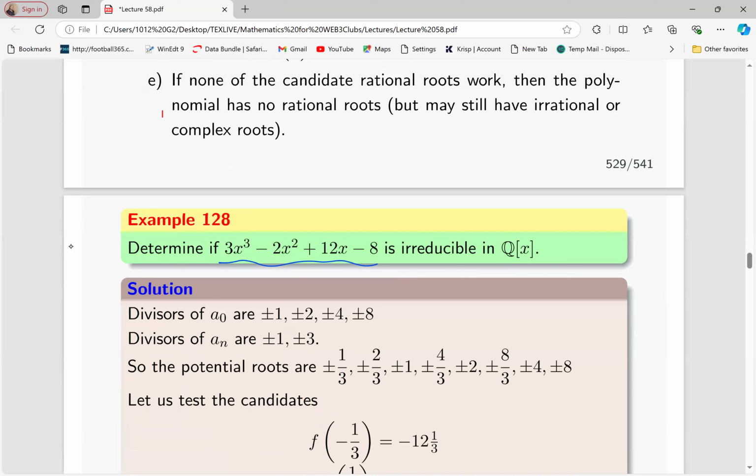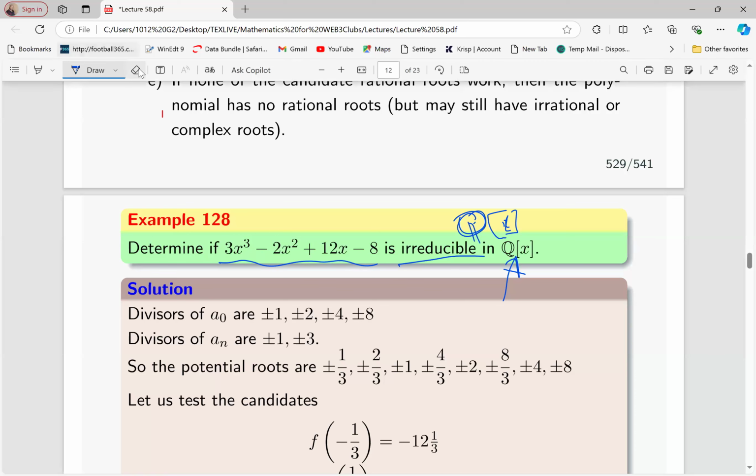That is, using the correct terms for polynomials, I want to check if this polynomial is reducible or irreducible over the rational numbers, the rational field.